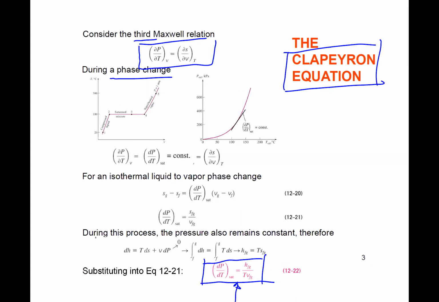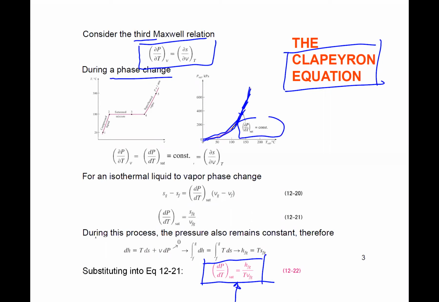Okay, so this one you see relates the saturation curve. So at any point, what that saturation curve, so what the temperature and pressure, when it's converting from a saturated liquid to a saturated vapor, the slope at that point, right? So this is the saturation curve, and then here we have the slope, right?